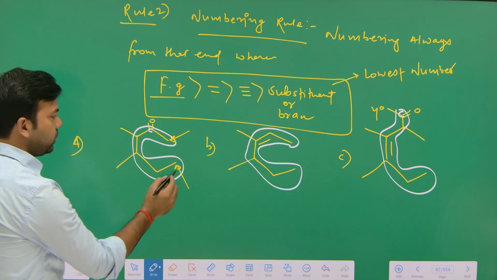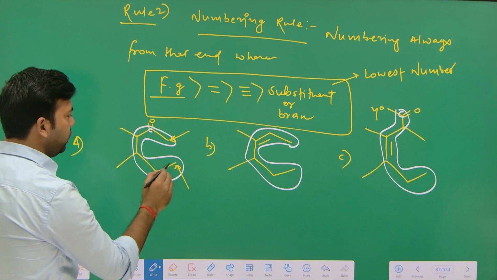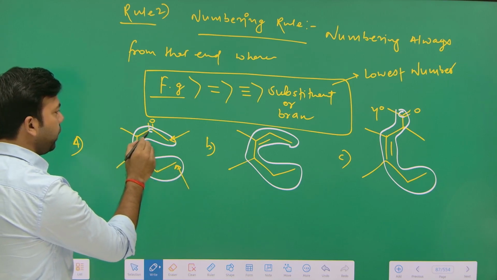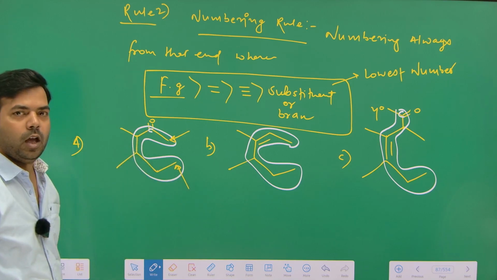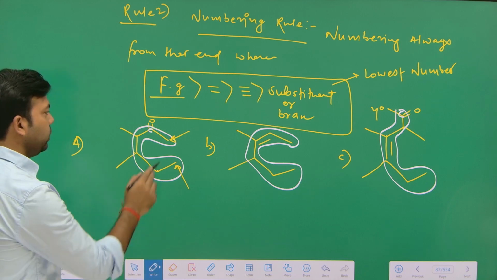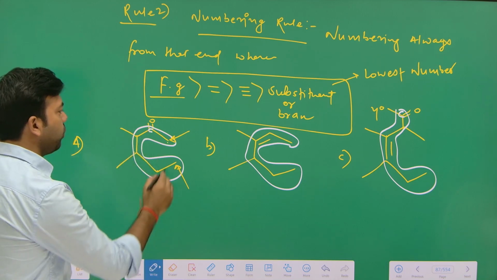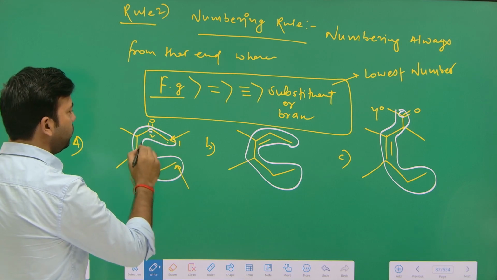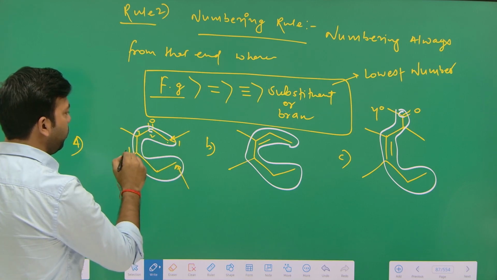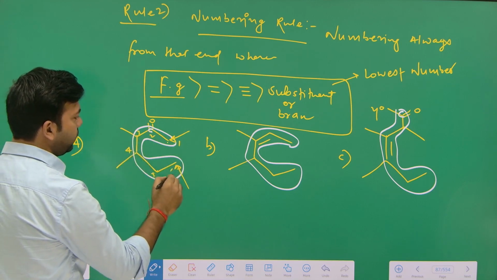So if you start from the downside, 1, 2, 3, 4, 5, 5 is my ketone. And if you start from the upper carbon, 1, 2, number 2 is my ketone. So we can start from here 1, 2, 3, 4, 5 and this is 6.